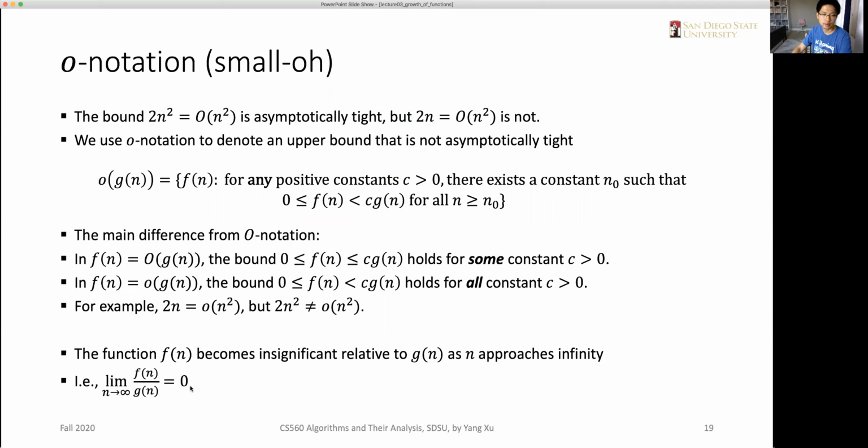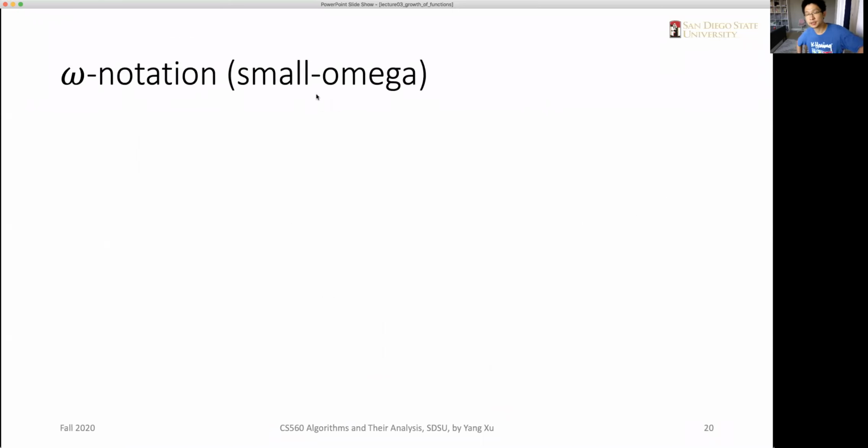If we use the language of limits to describe it, we'll say that because f of n is very small compared to g of n, when n is very big, the ratio of f of n over g of n becomes 0. All right, that's small o.